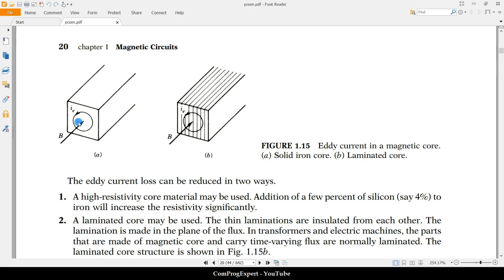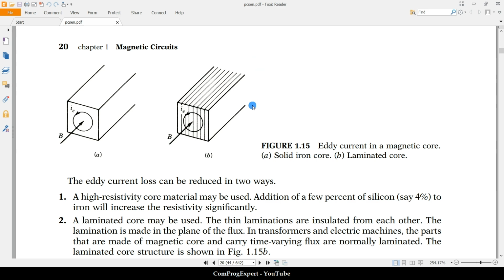That is very complex, so we should use laminated cores. And as you know, each lamination is electrically insulated from the next lamination.